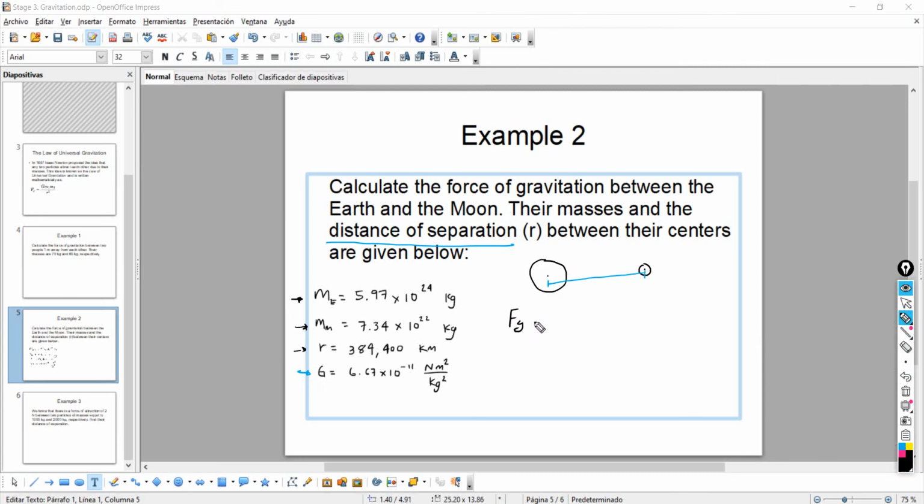So the force of gravitation, according to the law of gravitation, is equal to big G times mass 1 times mass 2 over the distance of separation to the square. And all I need to do next is fill in these variables. So for G, I just write down the value for big G, which is this much.